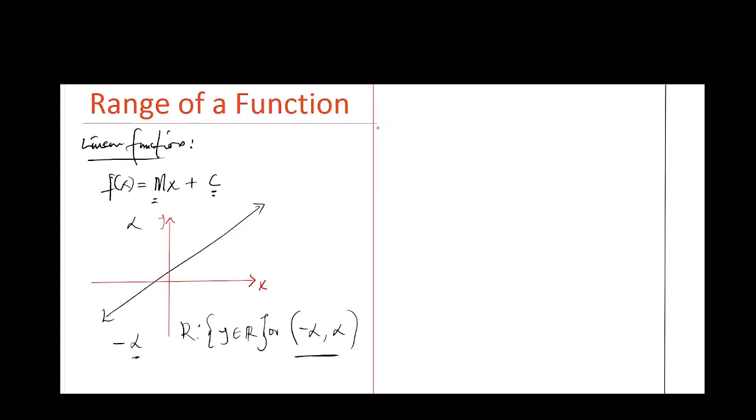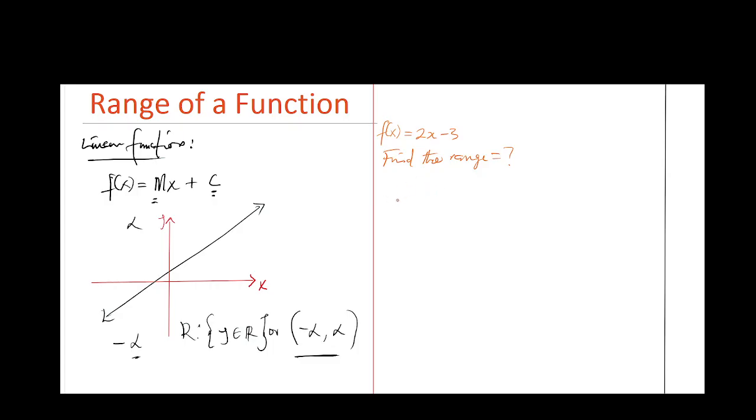Let's take another example. Given f of x equal 2x minus 3, find the range of the function.